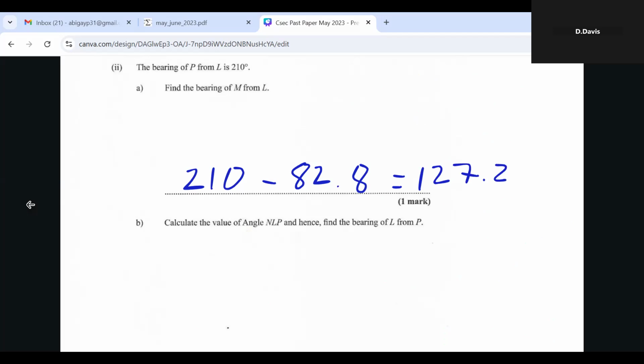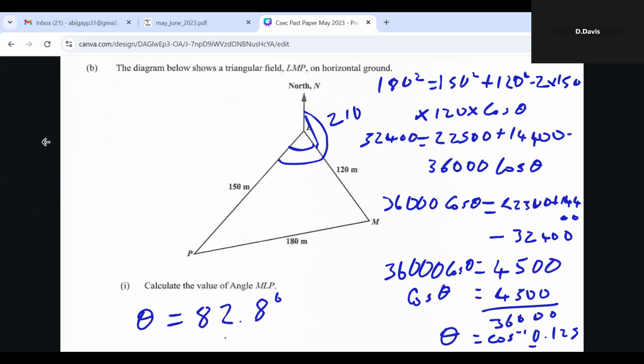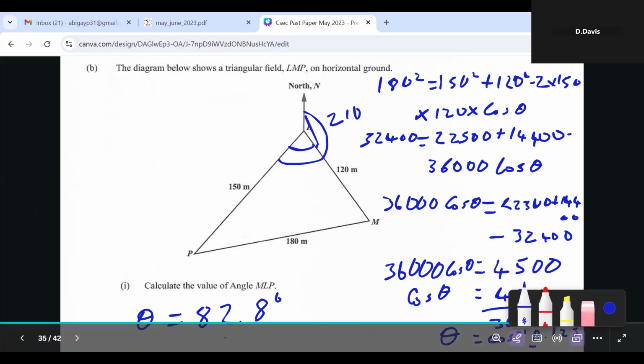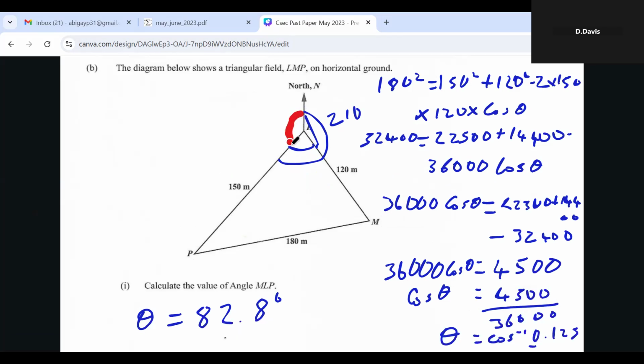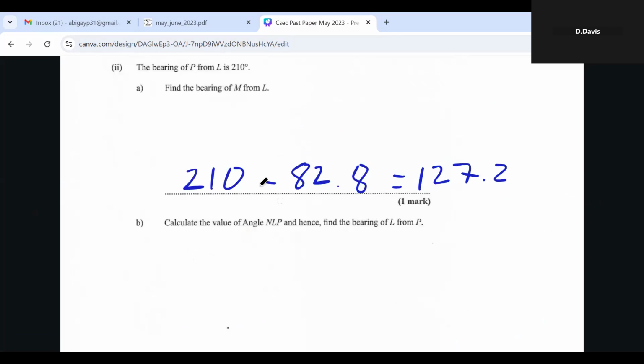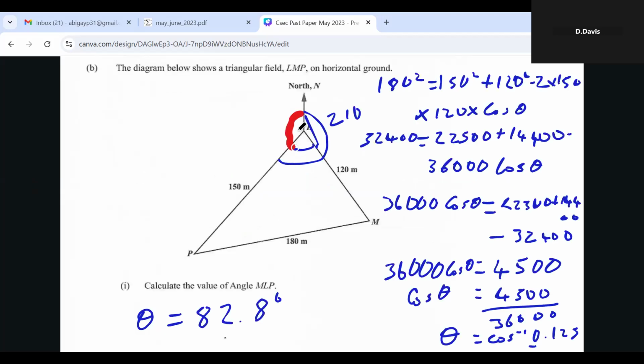All right. Okay, so it says calculate the value of angle NLP and hence find the bearing of L from P. Angle NLP. Oh, P. NLP. Oh, okay. So this side, let me change the color. Over here, we need the angle NLP, this side.